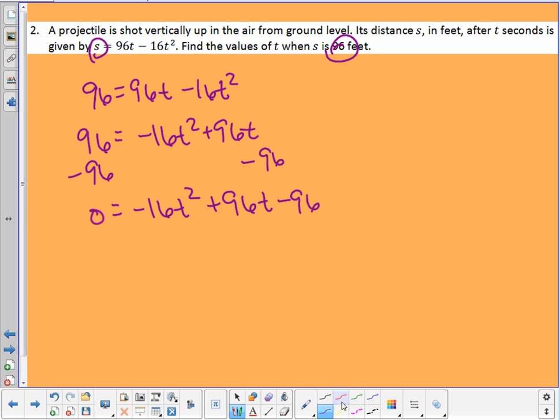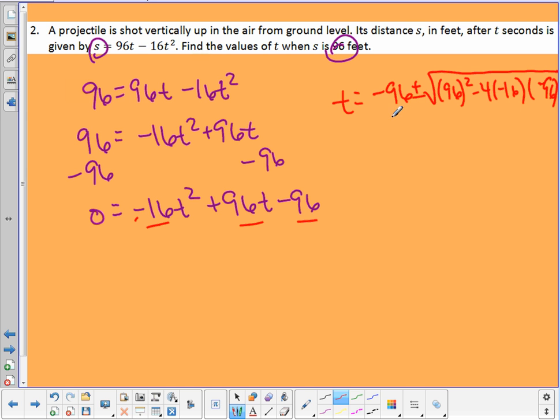And now I'm ready. Quadratic formula. Here's my a, here's my b, here's my c. So I've got t is equal to -96 plus or minus the square root of 96 squared minus 4, oh, I'm going to run out of room, times -16 times -96. Woo.